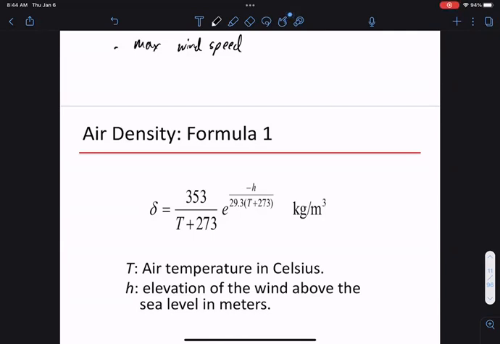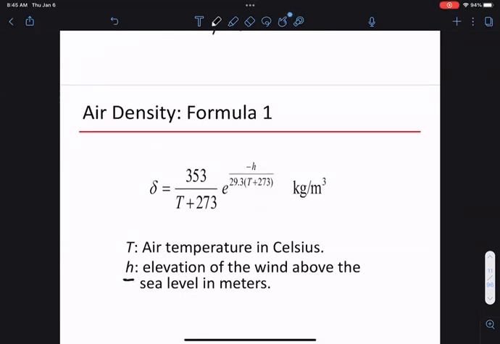One trade-off as you go higher is that air becomes less dense. So there's a slight trade-off between speed and density. In this class, we'll have a couple of different equations to measure air density. Air density depends on the elevation, how high you are. It also depends on the temperature.